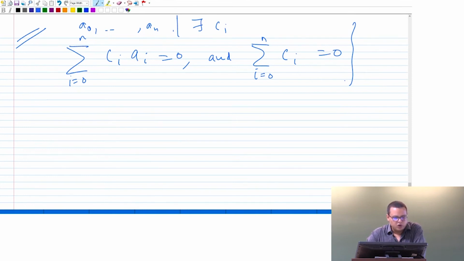Now I want to connect it with another thing. There are n plus 1 points, starting from A0 to An. Let us build some vectors from these points, V1 to Vn. What will be Vi? Vi equal to Ai minus A0.